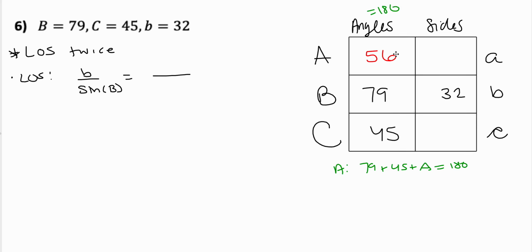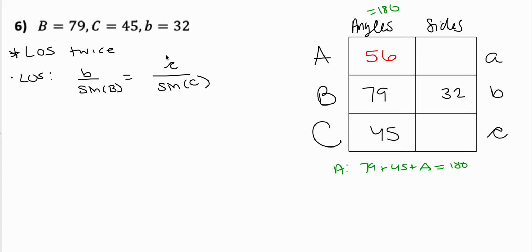Little a will be bigger because of 56 than little c, which is from the 45. The smaller side should be with the smaller angle, so c goes with the smaller angle of 45, so little c is the one I'm going to find first. I will do little c as the numerator and sine of big C in the denominator.